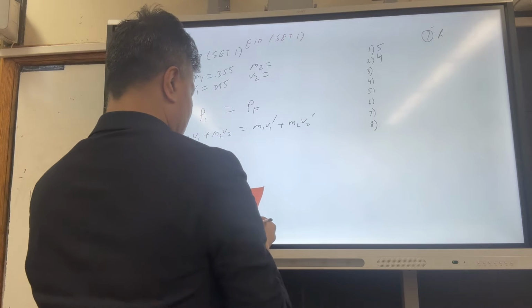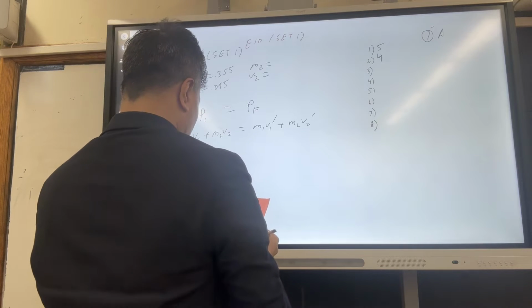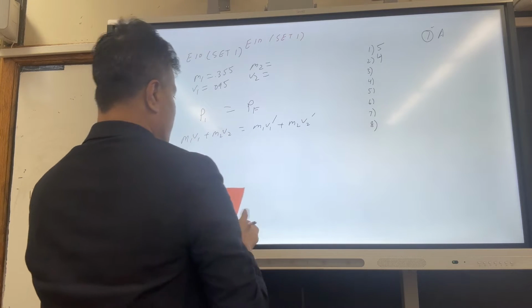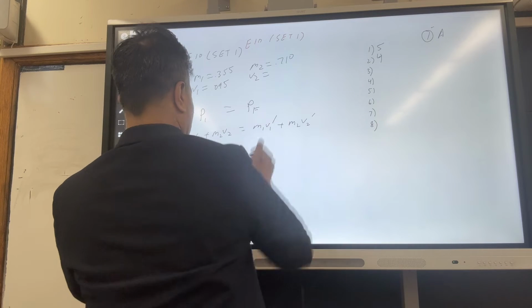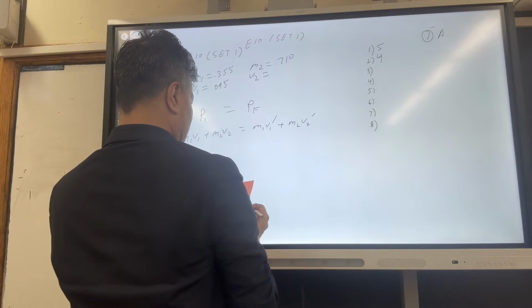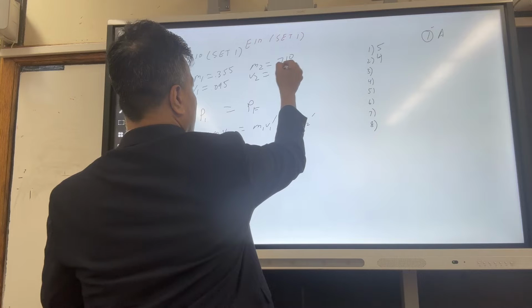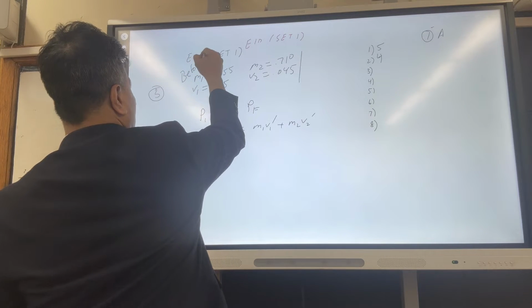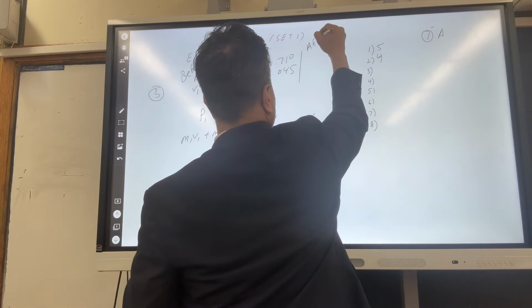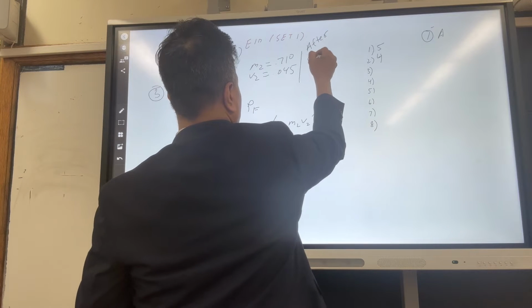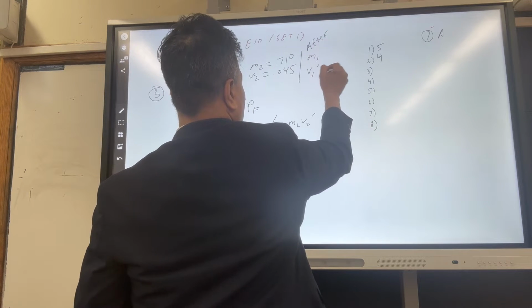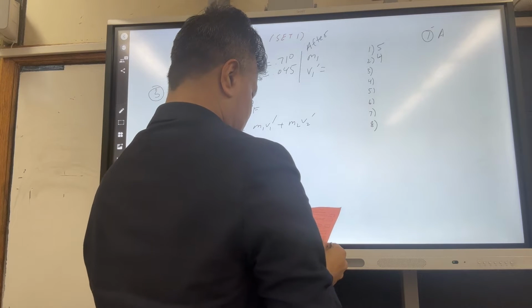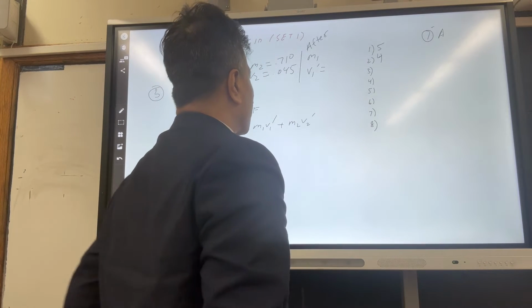I forgot my glasses, I cannot even see. m2 is 0.710 and v2 is 0.045. Okay, this is before and this is after. Mass 1, but velocity 1 prime is 0.035.